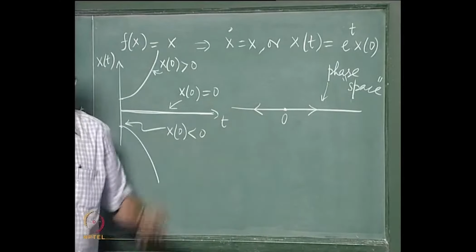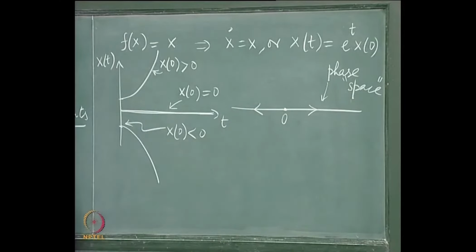This point 0 is a critical point, so this is the only critical point in this problem. Is this a stable critical point or an unstable one? What would you say? Based on our elementary notions of stability, I make a little perturbation away from it, and the question is, do I go back to it or do I move away from it? It is evident, and we will make this more rigorous, that this is in fact an unstable point.